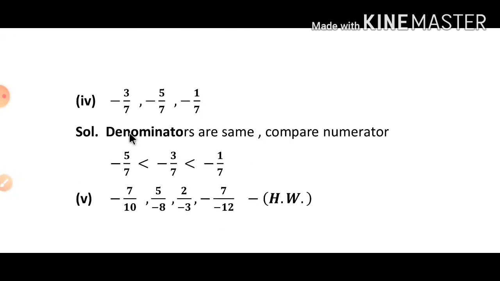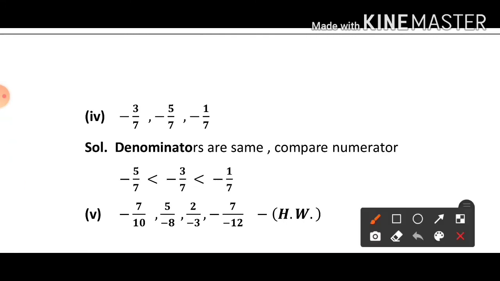Then fourth one, minus 3 by 7, minus 5 by 7, minus 1 by 7. Now you can see in this question denominators are equal. If denominators are equal, what do you have to compare? It's their numerators. The numerators are minus 3, minus 5 and minus 1.